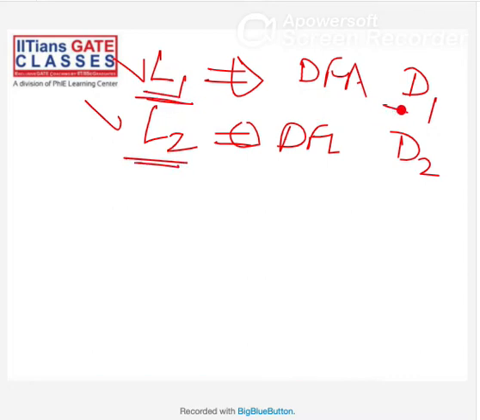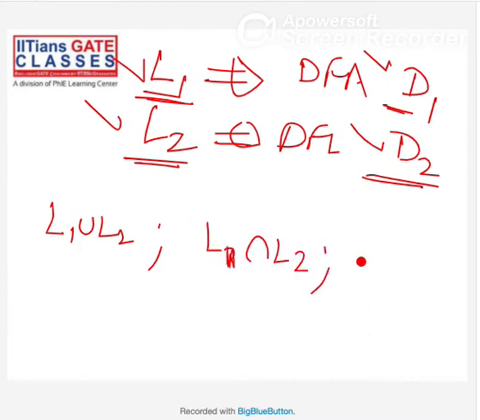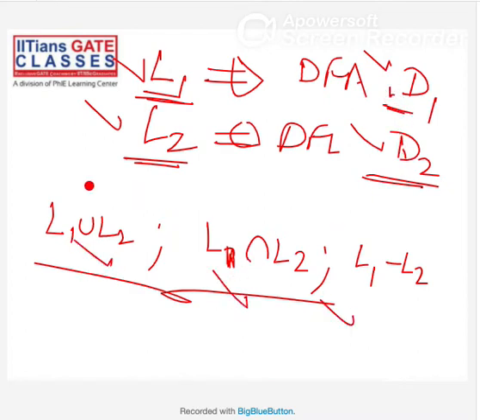Now from these D1 D2 DFAs, you can very easily construct a DFA for L1 union L2. You can easily construct DFA for L1 intersection L2. You can construct DFA for L1 minus L2. Using these two DFAs, you can construct DFA for all these things. And this construction is called product automata construction.